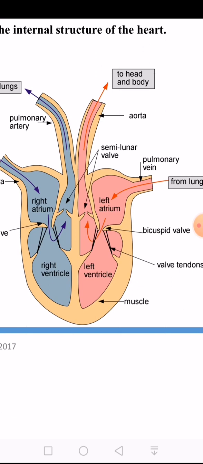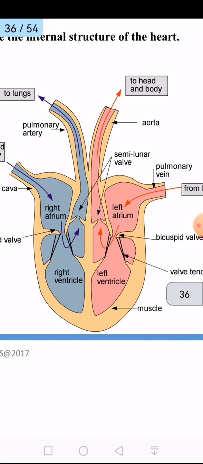Then the tube that is responsible for receiving oxygenated blood into the left atrium is called the pulmonary vein. The tube that sends blood to the lungs is the pulmonary artery.